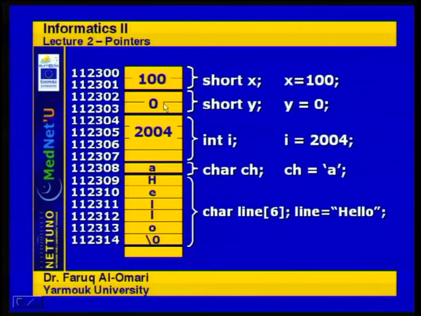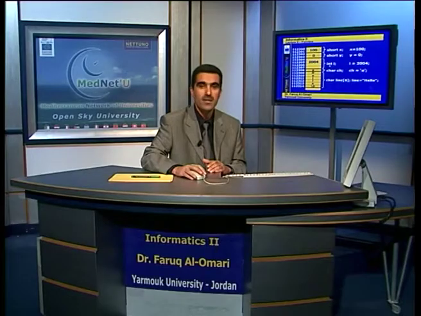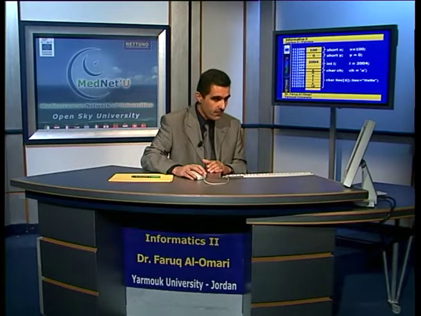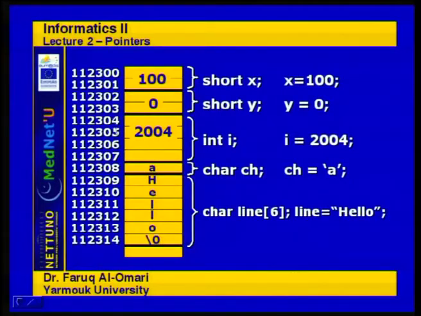So a value of 0 is stored at these 2 locations. An integer, for example, in C, occupies 4 consecutive bytes. So I reserve 4 bytes starting from this address up to this address, from 4 to 7. And in this example, I have assigned a value of 2004 for the variable i. So 2004 has been stored in these 4 consecutive bytes.